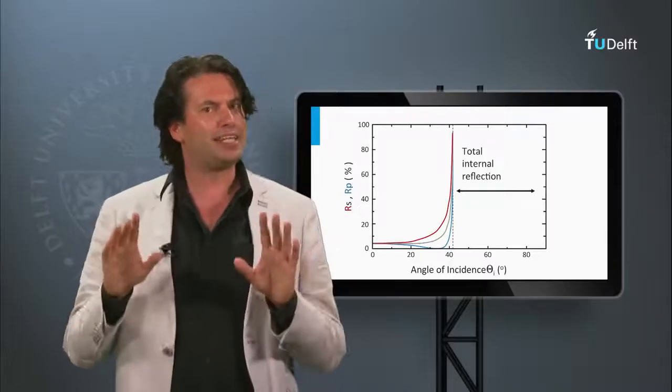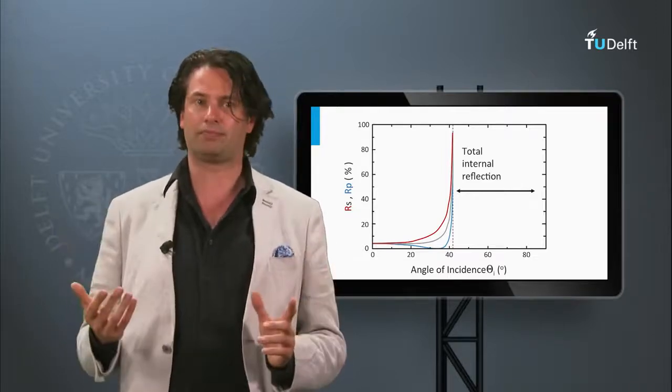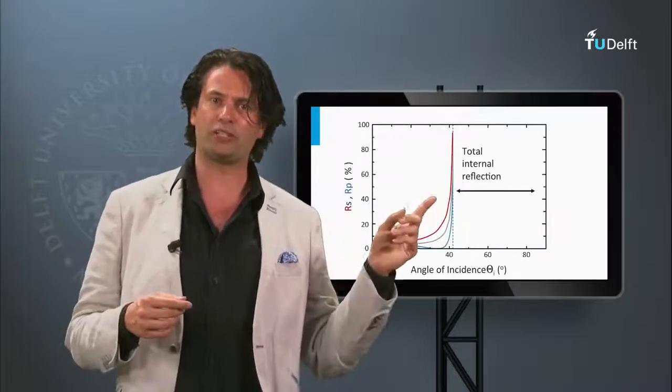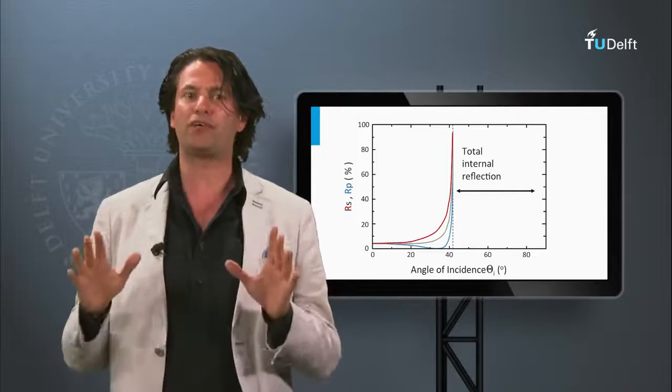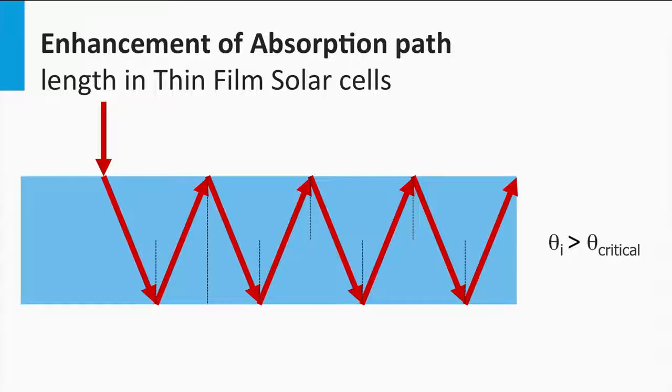However, this is not the case when there is a total internal reflection. From the Fresnel equations, we know that above a critical angle, the internal reflection becomes 100%. This means that if the light is scattered into the film above a critical angle, the light would be trapped. The critical angle is a function of the refractive index of both media.